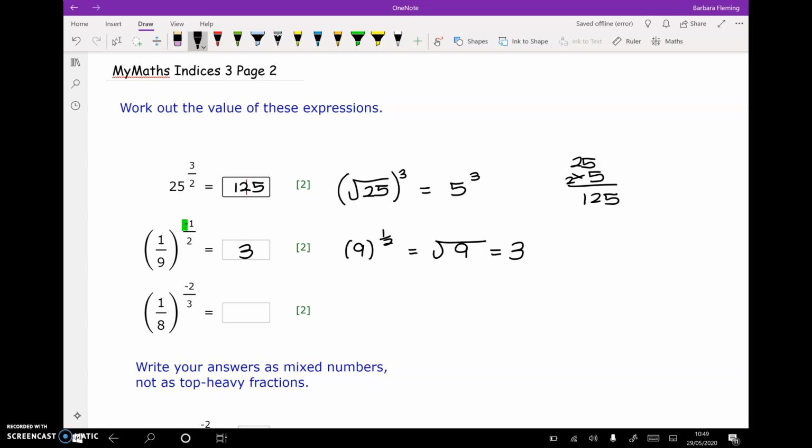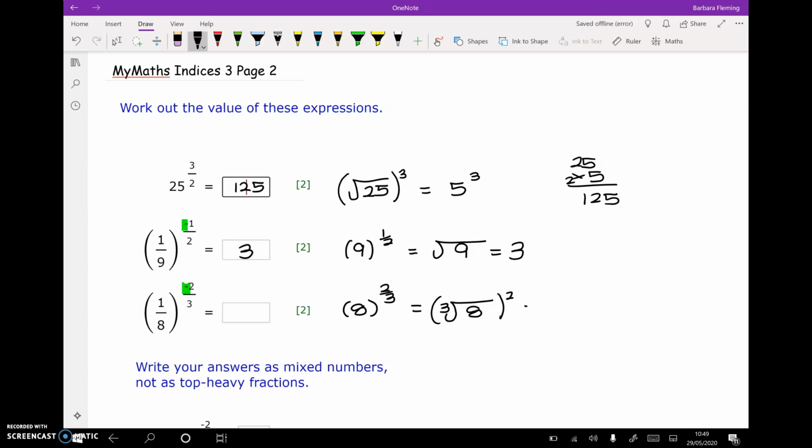So we're done there. Okay, 1/8 to the power of negative 2/3. Again, let's deal with this negative first off. So to deal with the negative, let's change that 1/8 to 8 over 1, or just 8. So the reciprocal of 1/8 is 8, and the reciprocal of 8 is 1/8. And then we've got 8 to the power of 2/3. So the denominator, that's going to be the cube root of 8, and then we're going to square it.